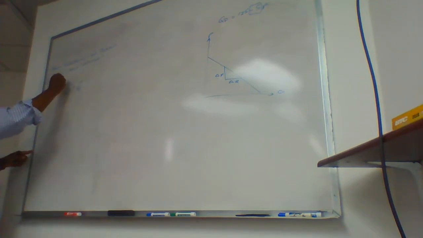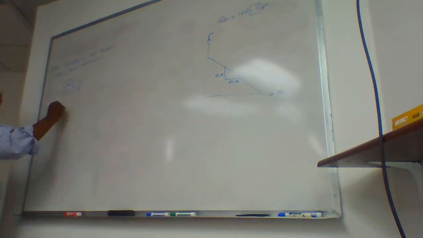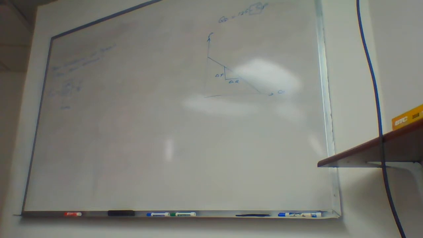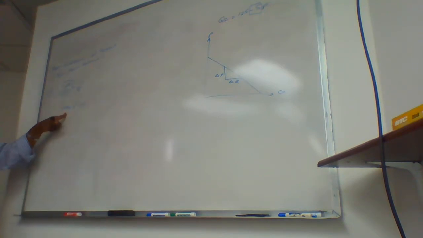This whole piece here is the slope of any demand function you have. No calculation necessary. This is the slope. In this case, this is -5.